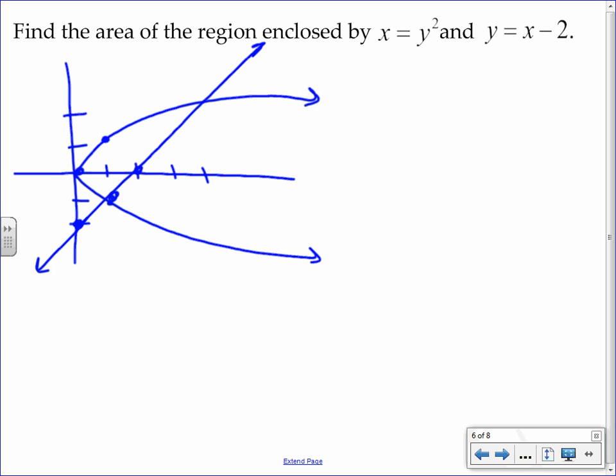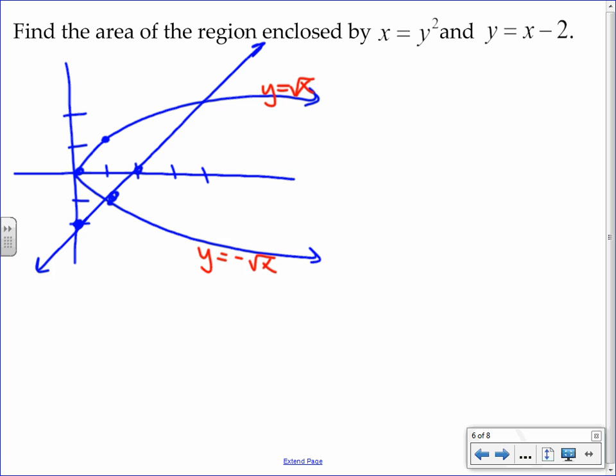Well, part of it. This curve right here is y equals radical x. What is this curve right here? Okay. Very good. Now, we have another issue.